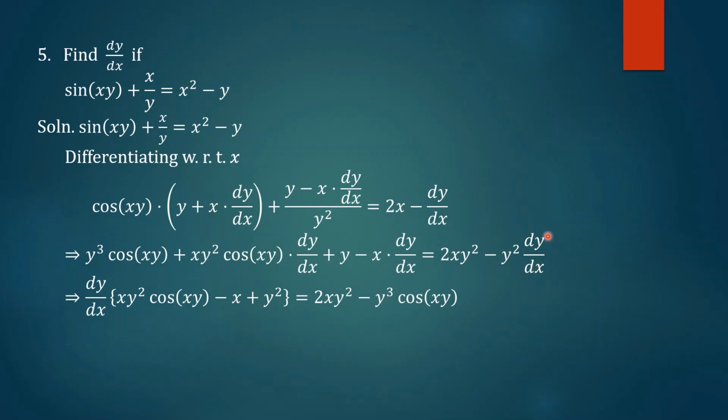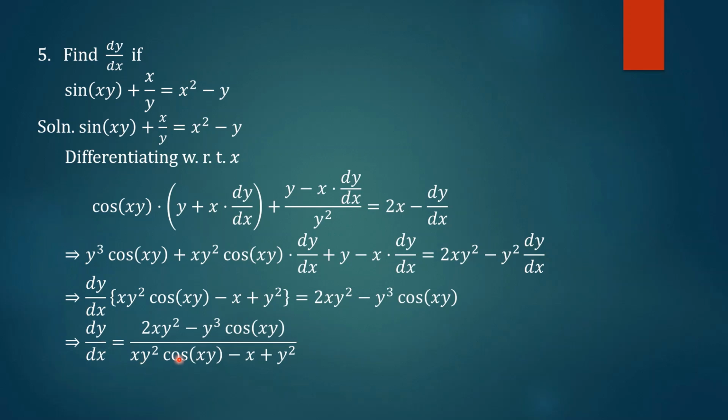So plus, dy/dx is taken away, and so only y square remains, equal to this term free from dy/dx, which is already on the right hand side, and this term is again free from dy/dx. So shift this to the right hand side, then just dividing, you will get the answer. So dy/dx is equal to twice x into y square, this one divided by this total term, and this completes the solution of the problem.